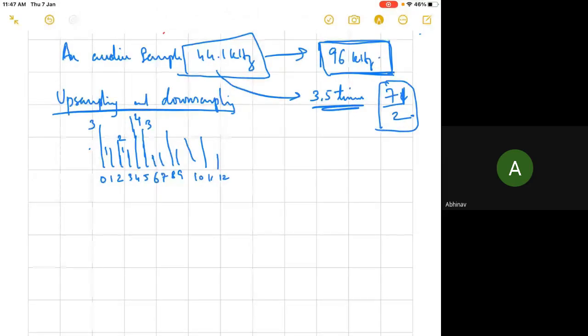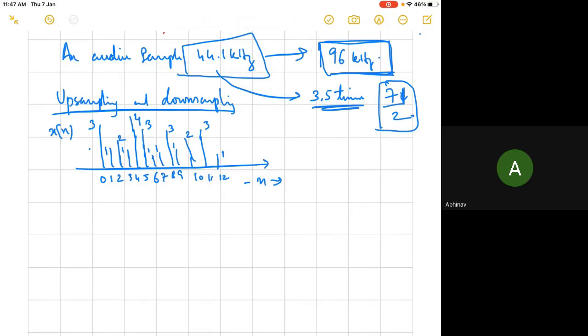Okay, this kind of data, 1, 1, 3, 1, 2, 3, 1. Okay. This is your n. This signal is your xn.